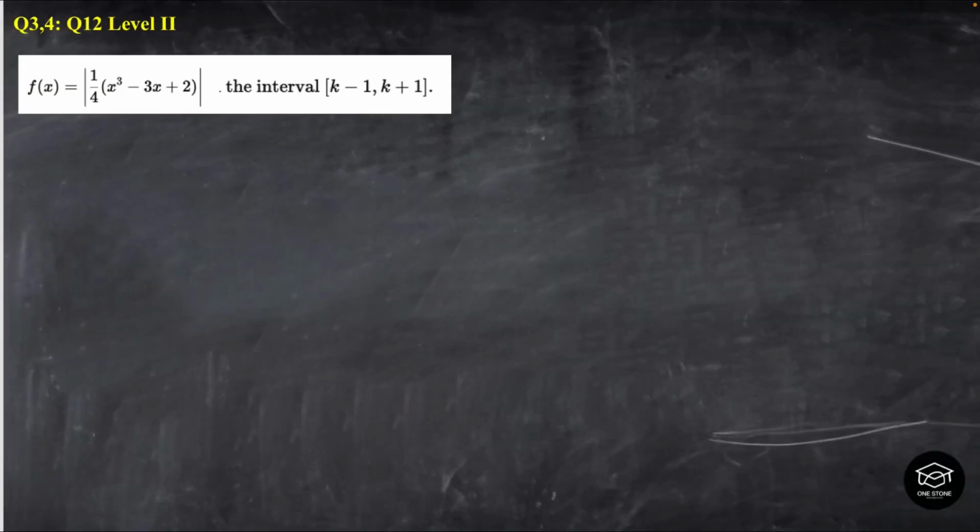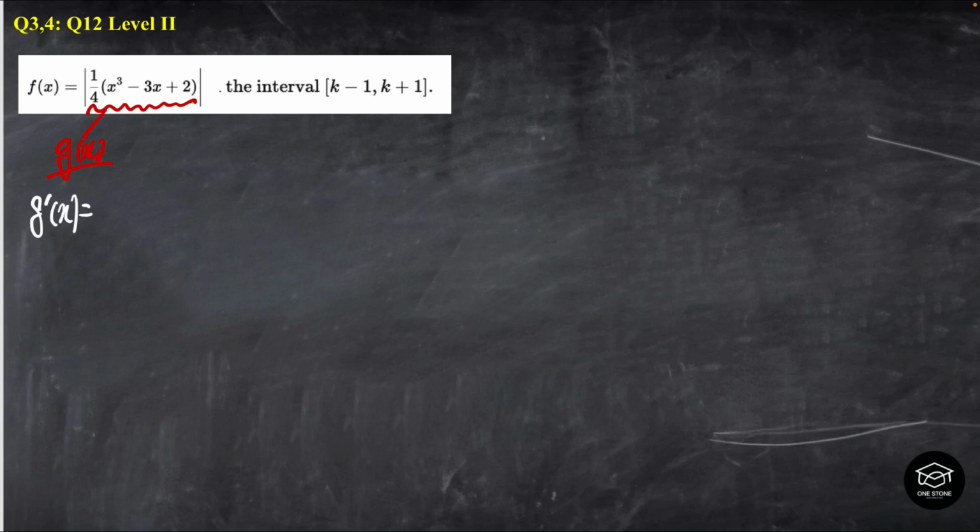To begin, let's take a closer look at the expression inside the absolute value. We define a function g of x as 1/4 times the quantity x cubed minus 3x plus 2. To find the critical points of g of x, we take the derivative.